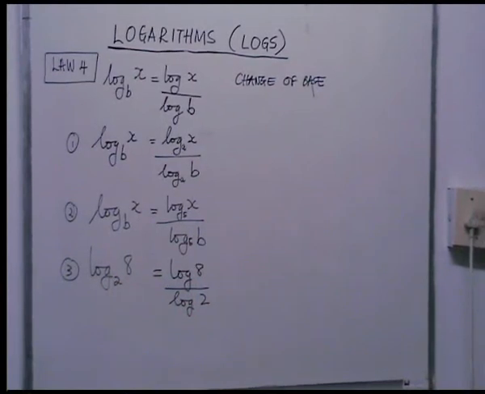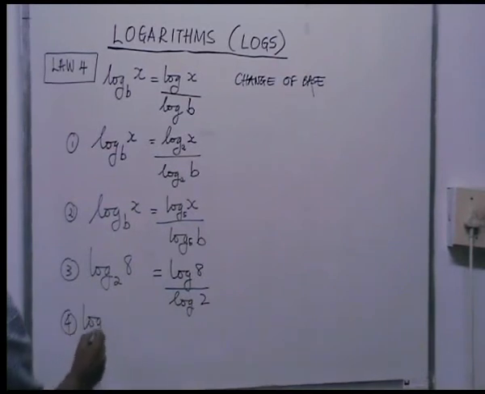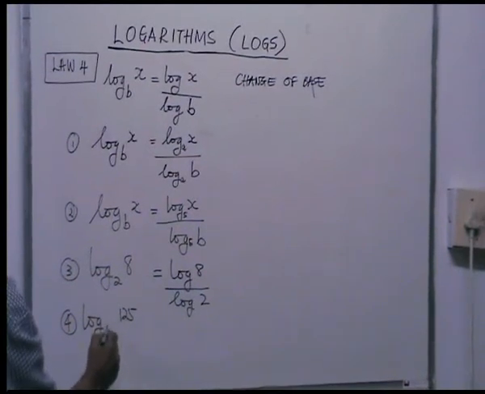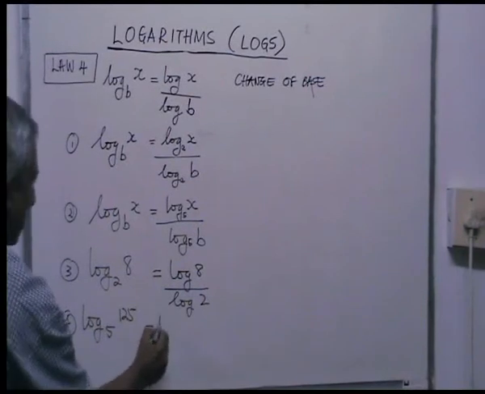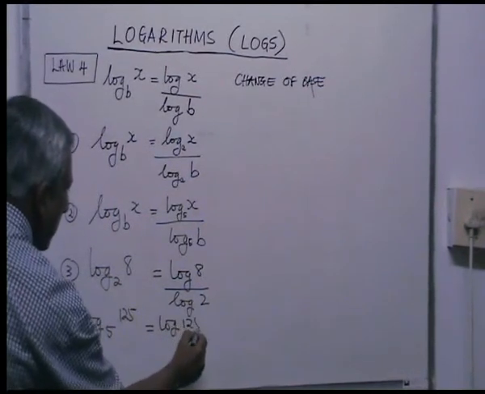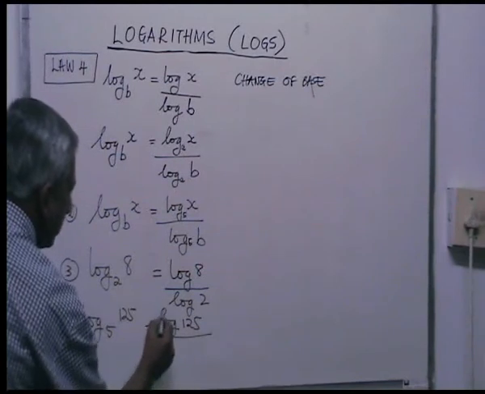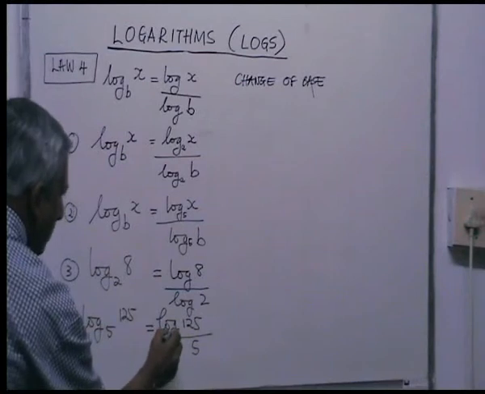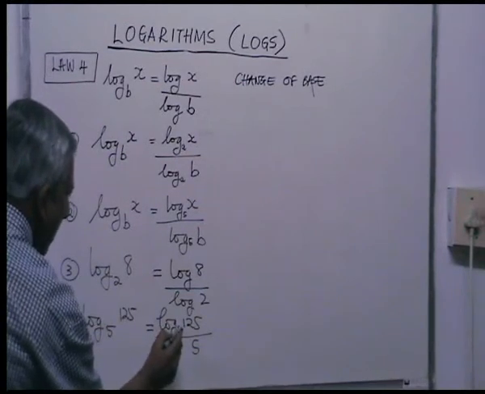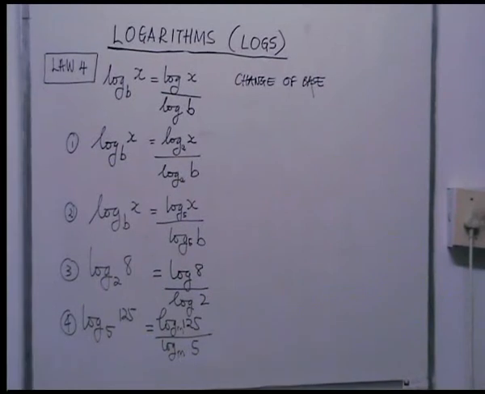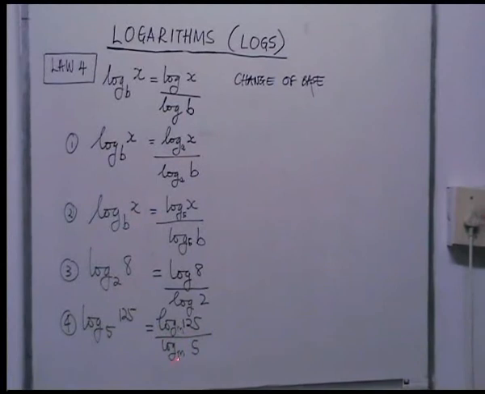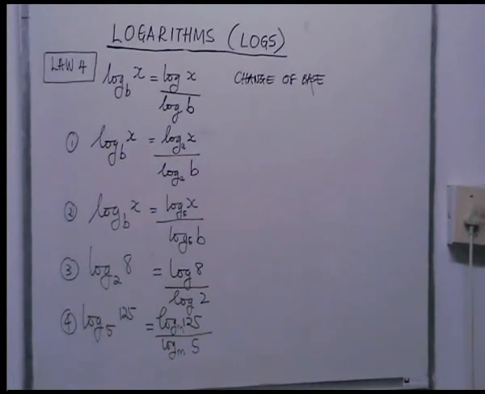Let's do one more example. Number 4, log of 125 to the base 5. That will become log of 125 all over log of 5. And if I want to write the base m here and m here, I can do so. Choice is mine, because I can change the base to whatever base I like. So that's what change of base is.